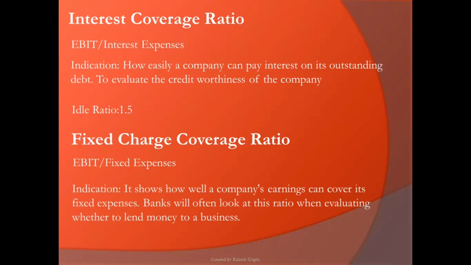Banks will often look at this ratio when evaluating whether to lend money to a business. It is also called the earnings to fixed charges ratio, which extends the times interest earned ratio to include the interest portion associated with long-term lease obligations. Fixed charges include interest, required principal repayment, and leases.